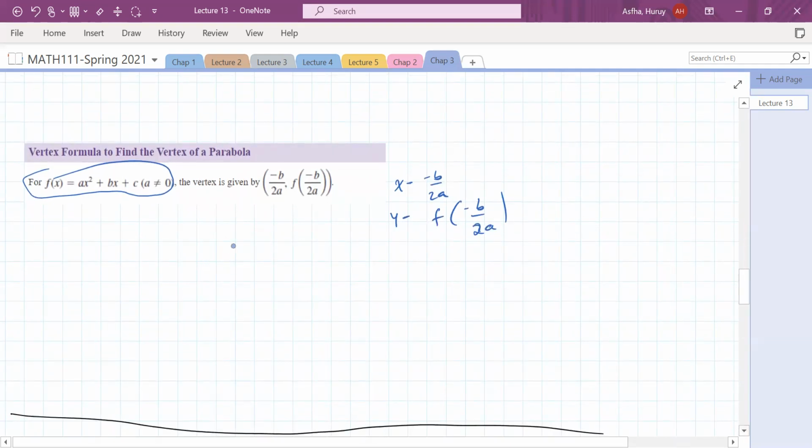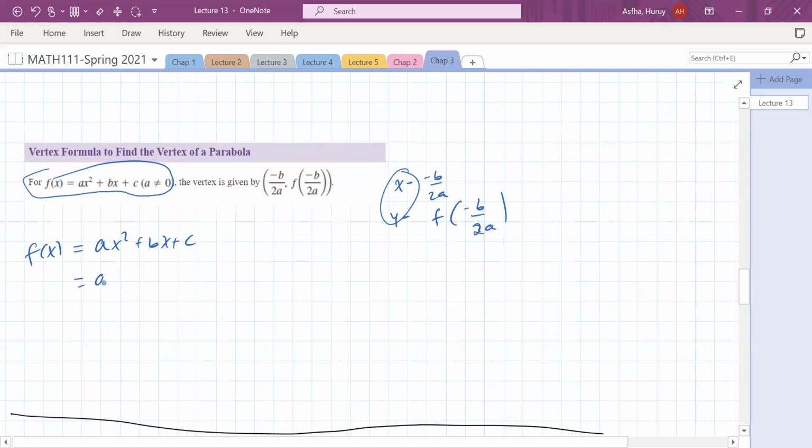Let me see. So here we have this f(x). I'm not going to show you all the things so that you don't get confused. But let's say we have ax squared plus bx plus c. Now let's do the same procedure and complete the square.